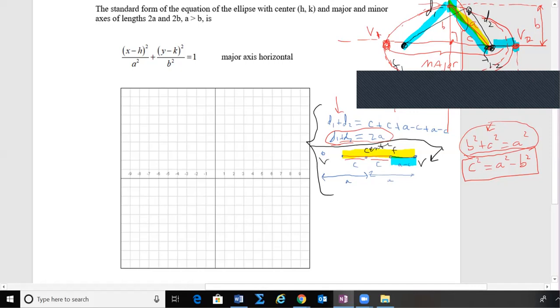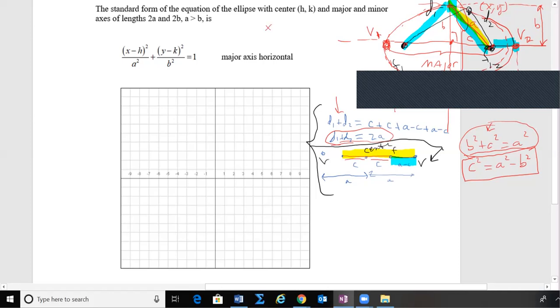Setting up the distance formula between a point out here, x, y, and these two points on the two foci, you can set up a distance formula relationship, and then through quite a bit of tedious algebra, you can arrive at this.